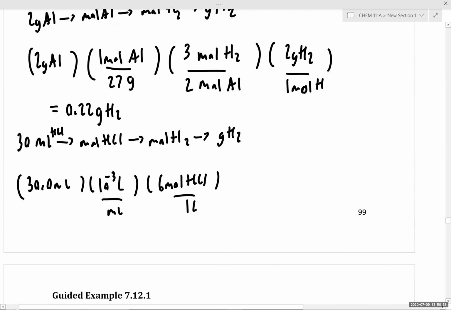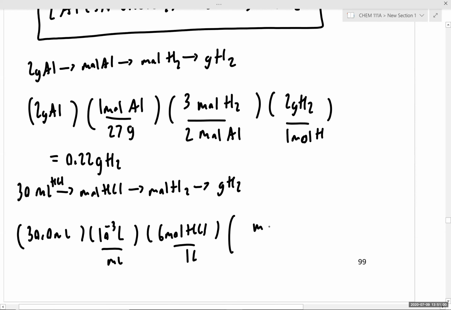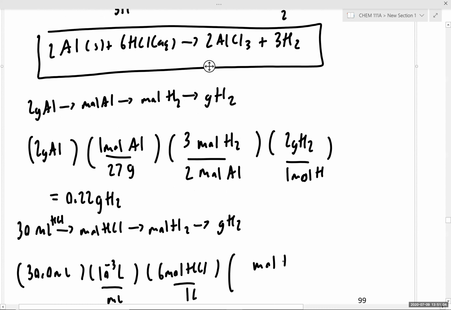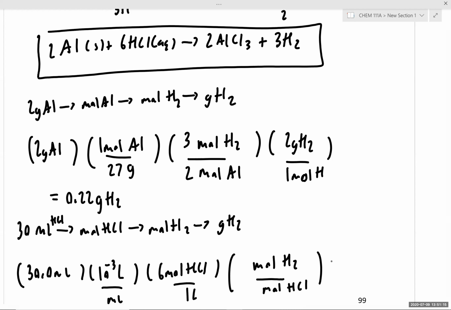Oops, sorry about that. So my question to all of you is, looking at our chemical equation, how many moles of hydrogen do we make per mole of hydrochloric acid? What is our mole to mole ratio? Reading our coefficients. 3 to 6. 3 to 6, exactly right.